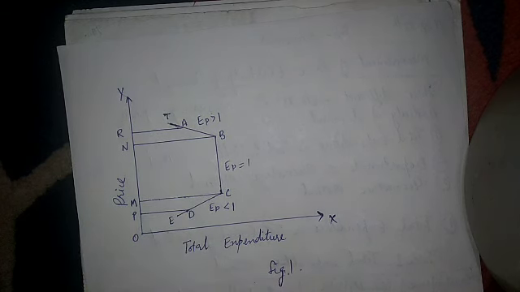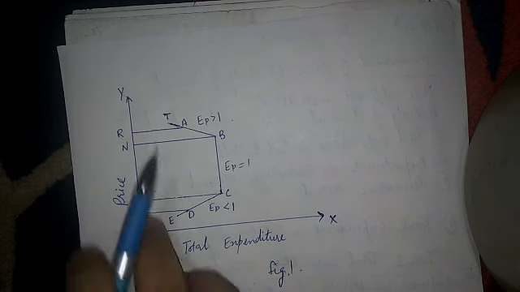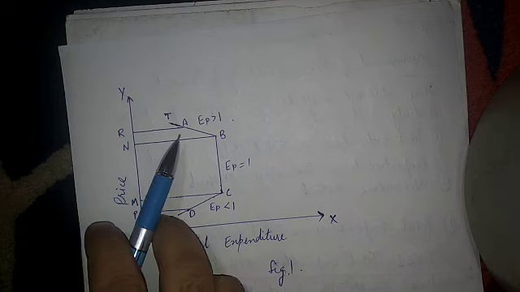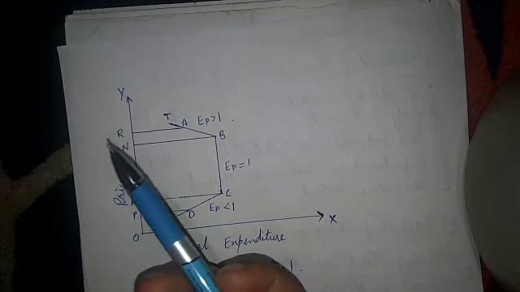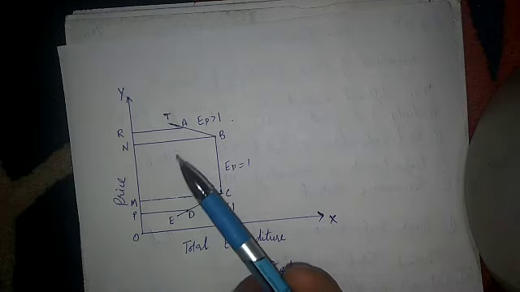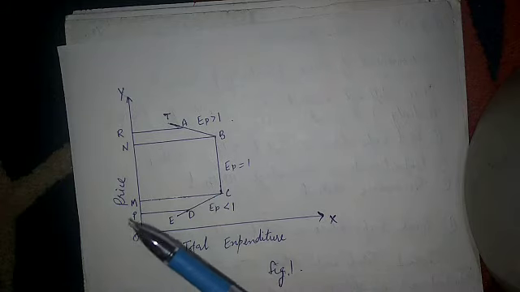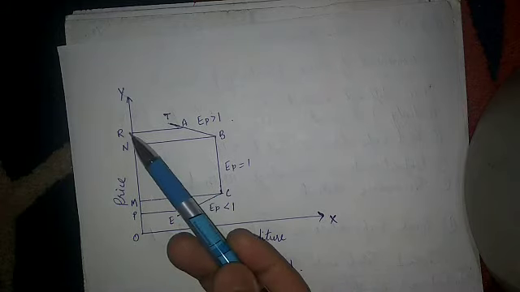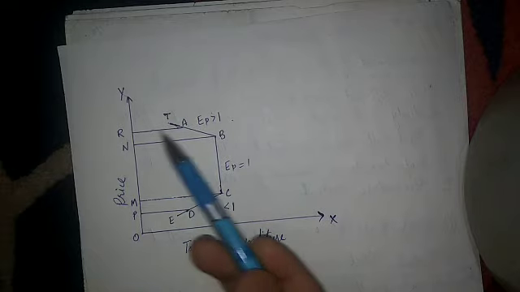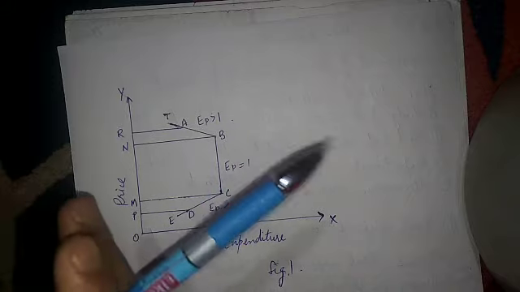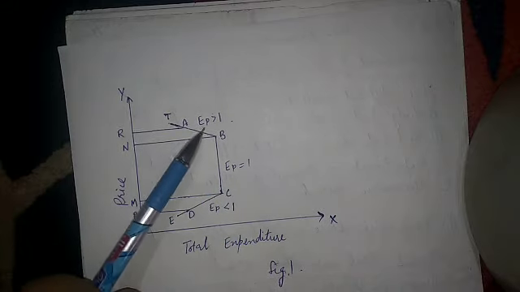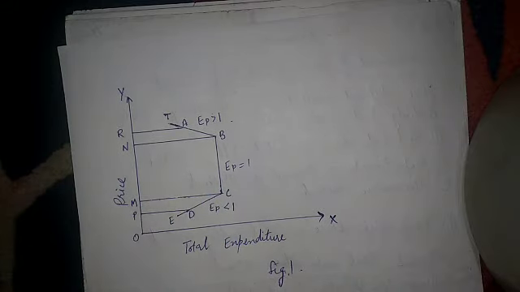And it's the situation of greater than unitary elastic demand. Why? Because if with the fall in the price of the commodity total expenditure increases, and with the rise in its price the total expenditure decreases, then the demand for that commodity is greater than unitary elastic.